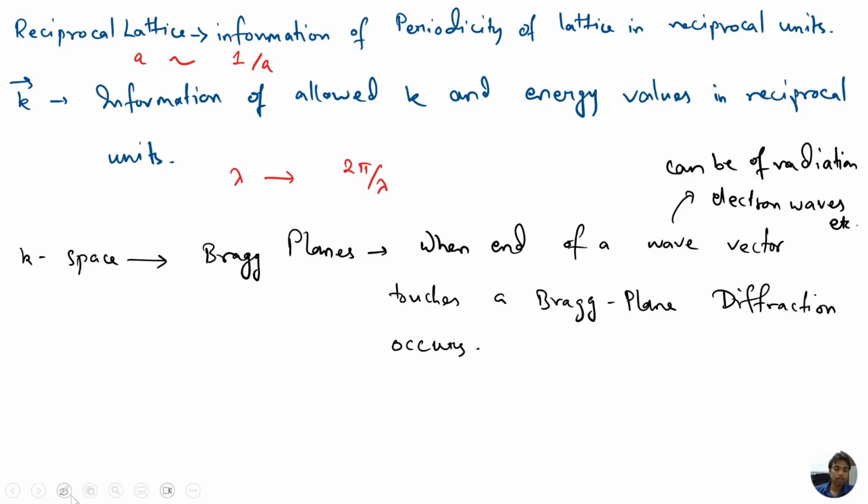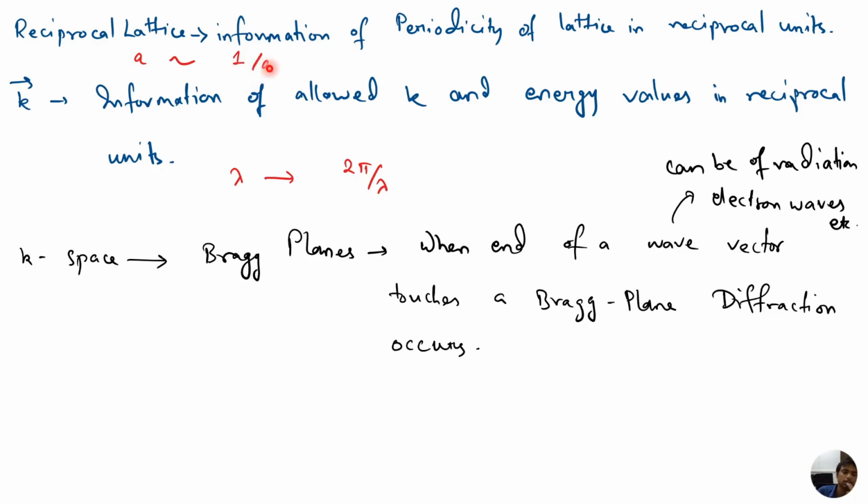So the reciprocal lattice stores the information about the periodicity of the lattice in reciprocal units. If in real space the periodicity is a, the reciprocal lattice will have a periodicity of 1 by a, or 2 pi by a.